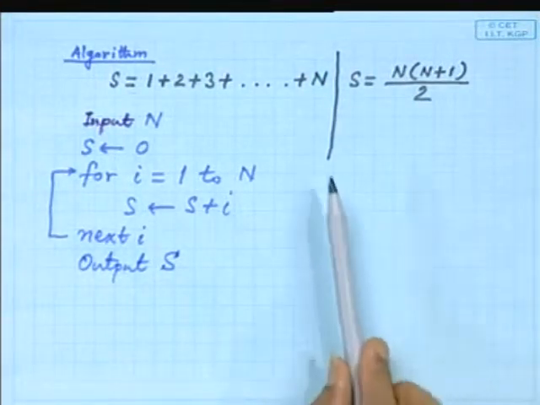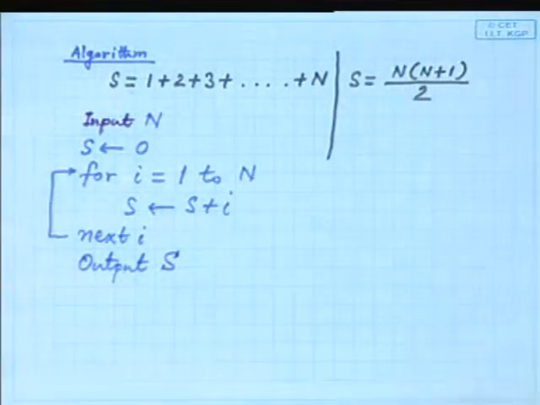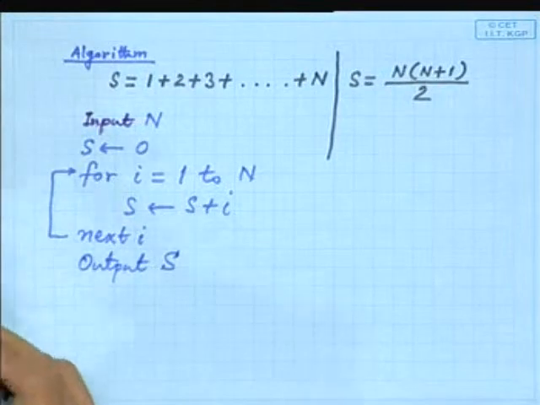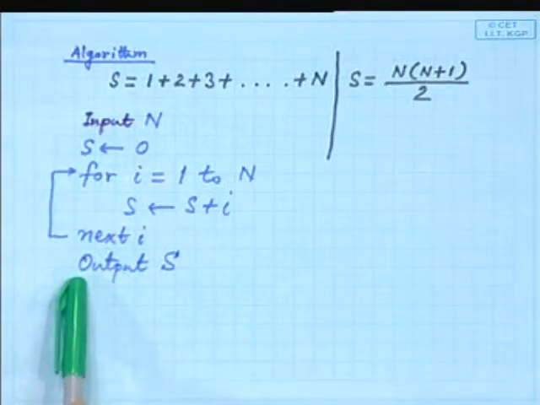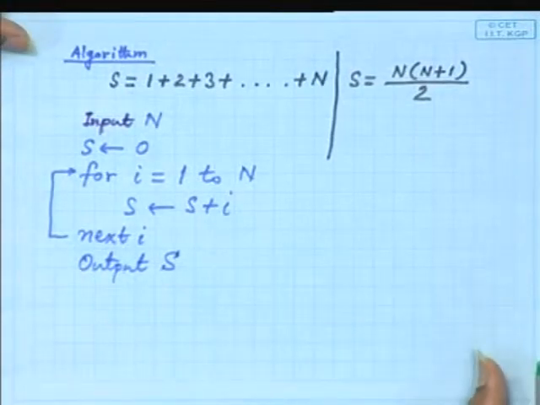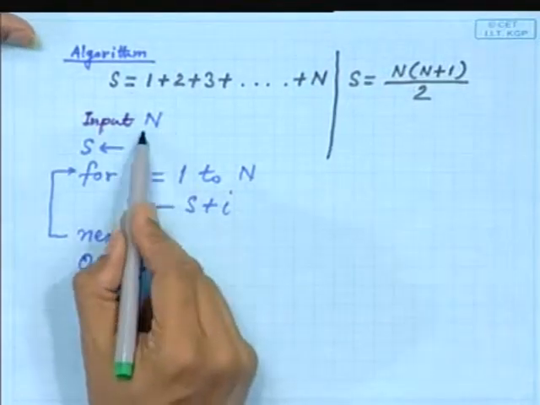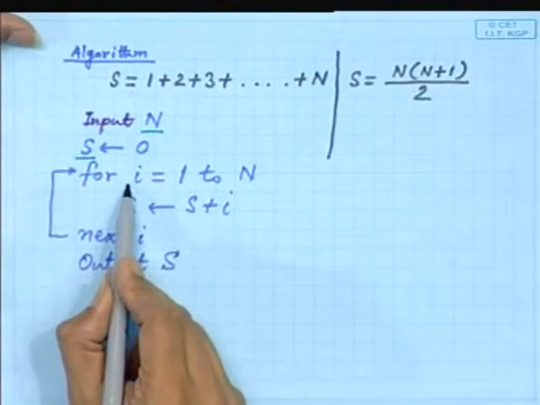So being unaware that there is a closed loop formula like this, let us say we, the architectural designers, started to map this into hardware. So how will it look? First of all, we have to identify the number of variables, how many different variables are there. We find n, s and i, 3 variables.